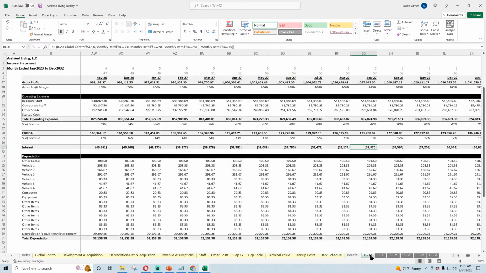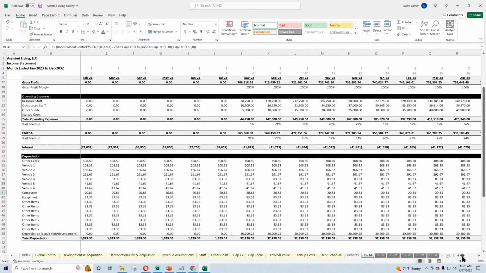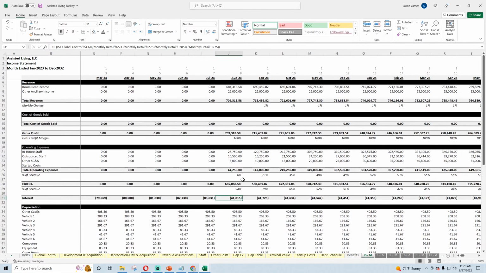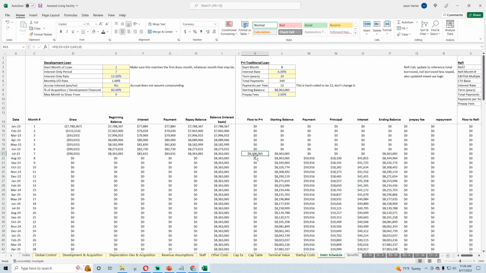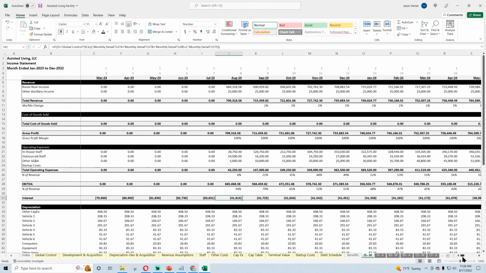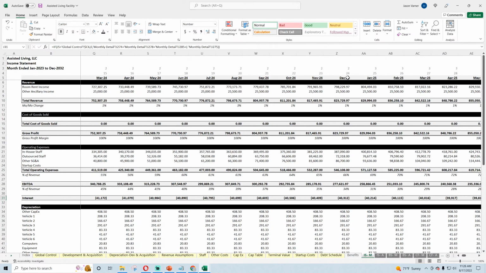July 2023. All right, 86. No, that's not the refi, that's the initial loan. The refi is December 2025. Let's double check this just so I don't have to worry about it. So December 2025.